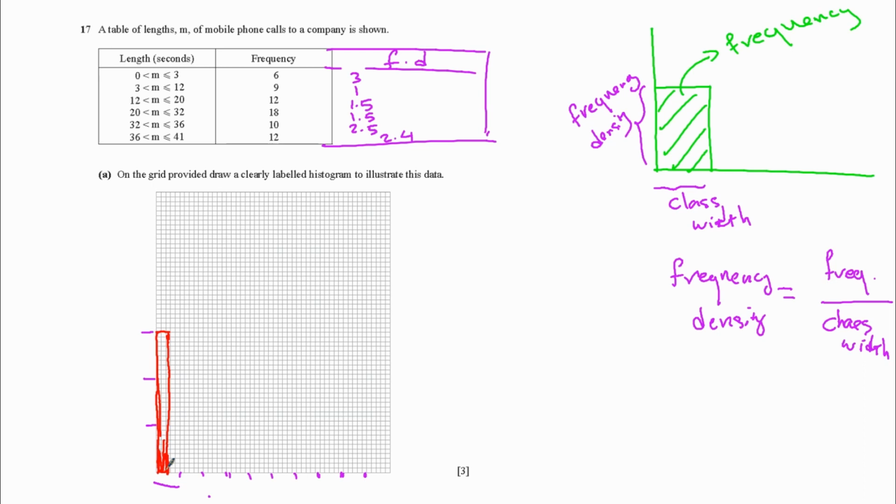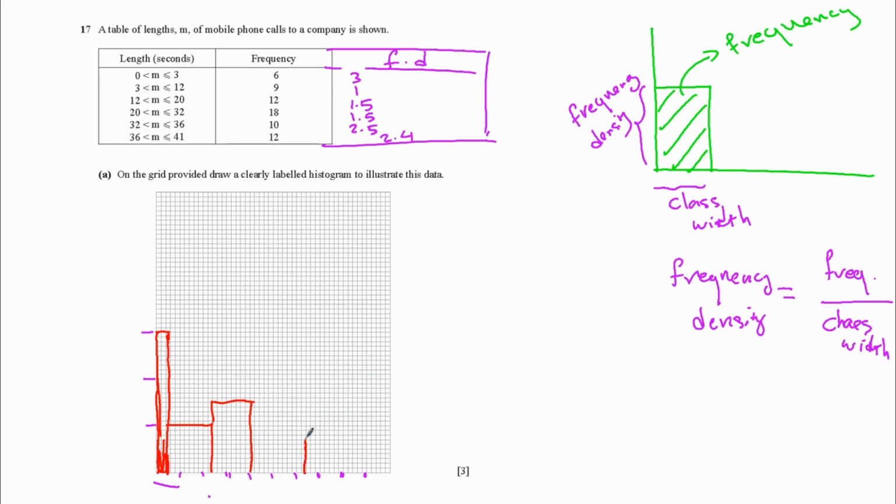Then I have 12 to 20, and that is 1.5, so I go up about here. Then 20 to 32, and that is 1.5 again, so I'm just going to continue the same line.